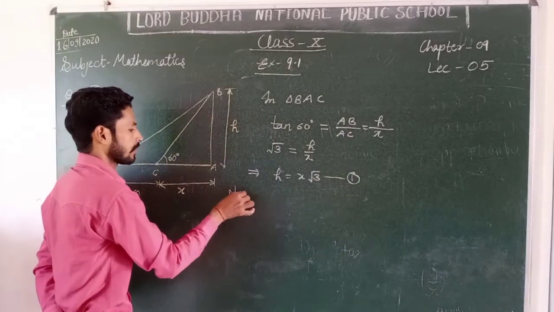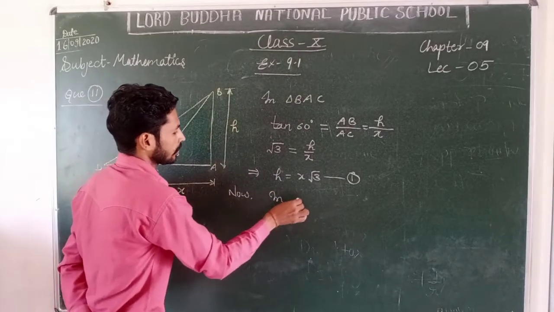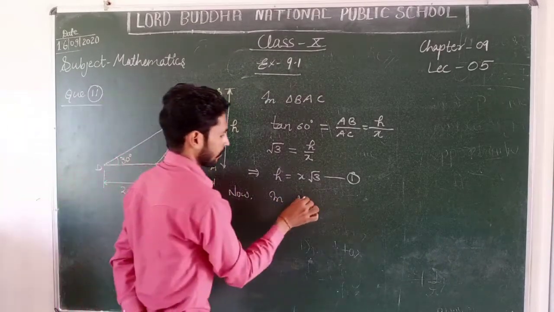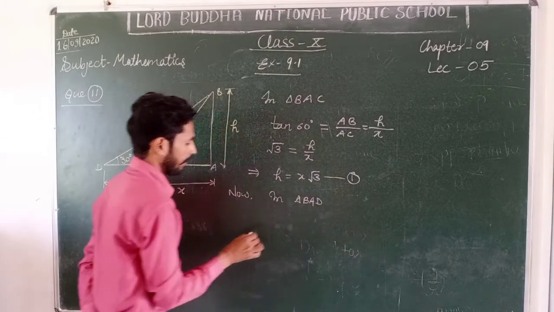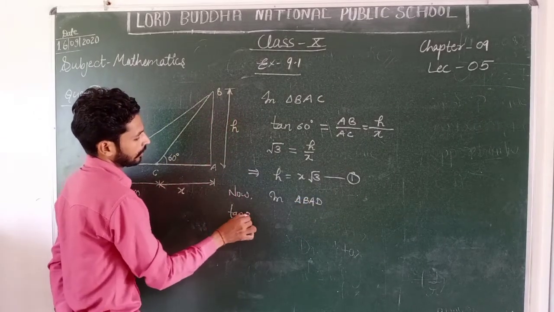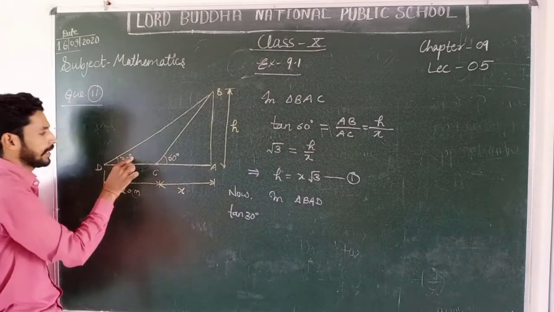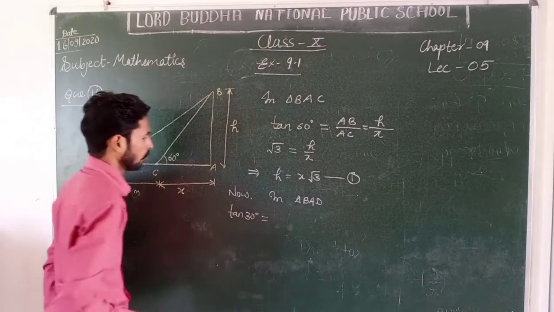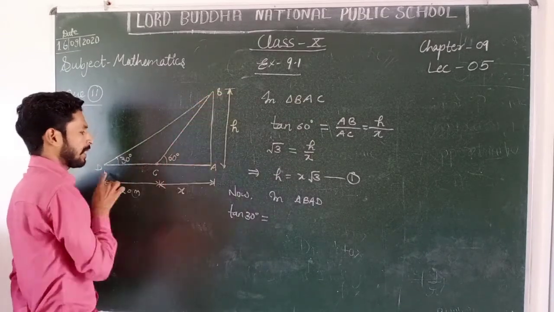Now in triangle BAD we can apply tan 30 degrees, because here the angle of elevation is 30 degrees. So apply tan 30, that is equal to perpendicular upon base.